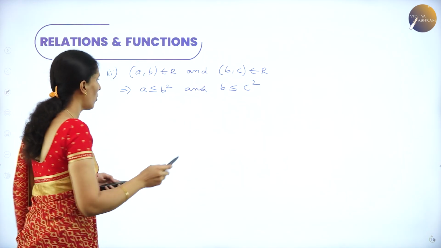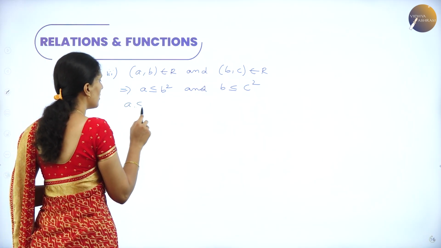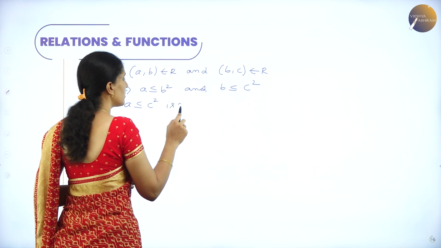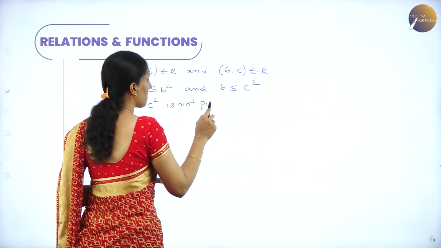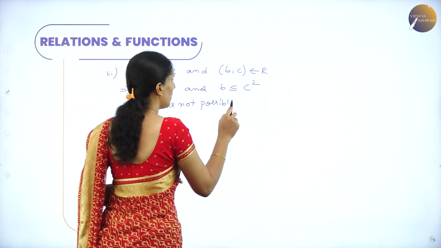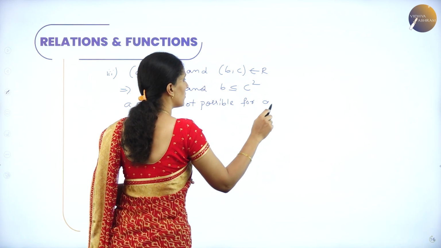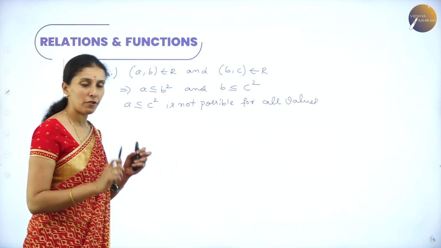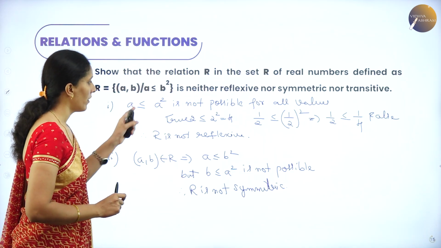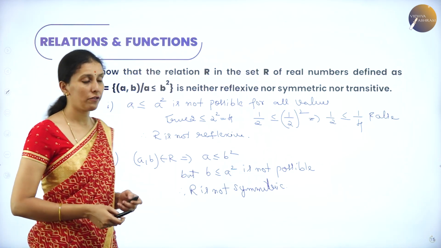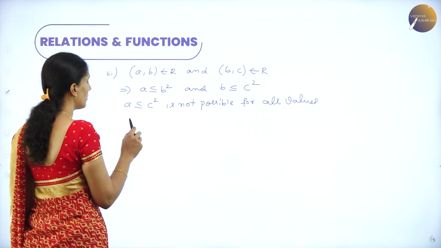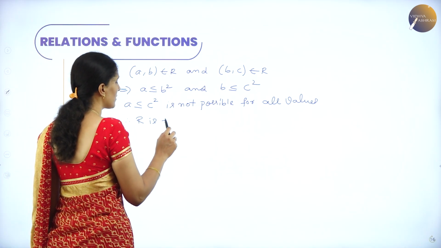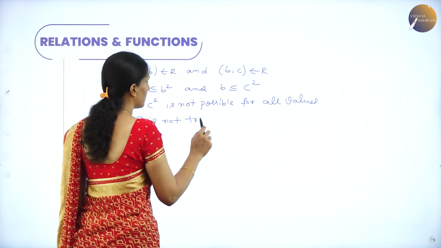So again here also A less than or equal to C square is not possible for all values. It is only possible for a few values as in the case of reflexive. Hence, it is not possible for all values in the set R. So, therefore, I can write R is not transitive.